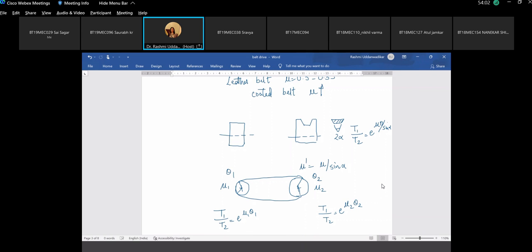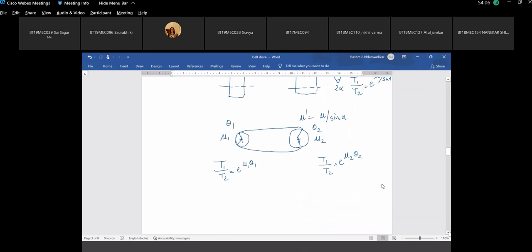And what are the values for theta 1 and theta 2? Bending is also more in case of the smaller pulley. If the diameters are D1 and D2, and the center distance is C, what is theta 1 and what is theta 2?